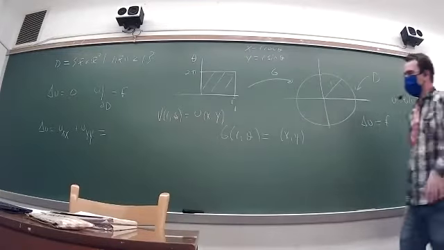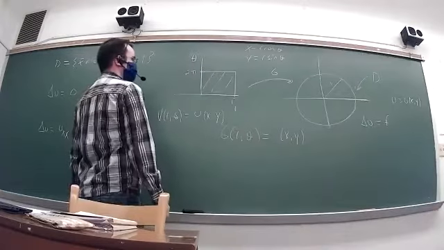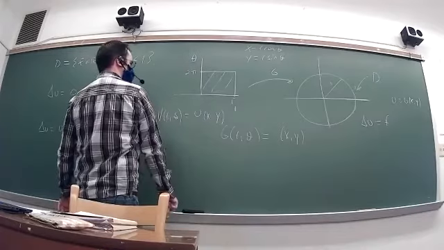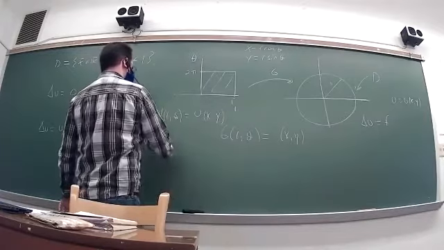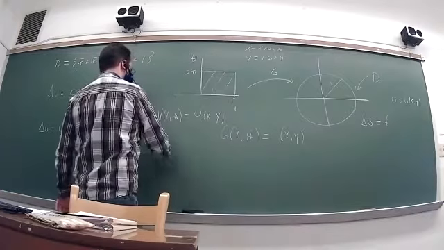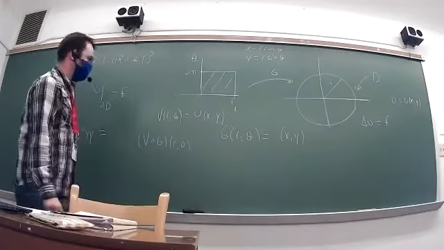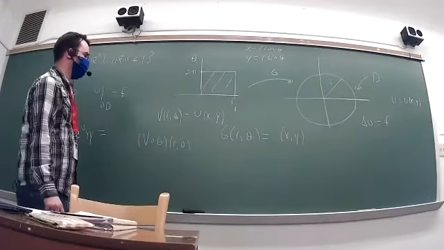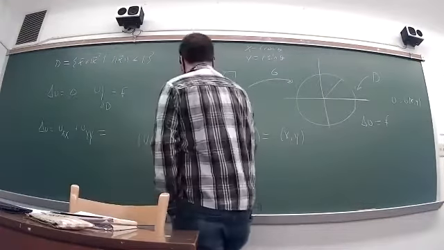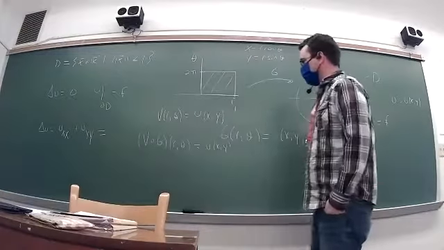But what you're really doing here is that if you take v composed with g of r, theta, then the output will be the same as u of xy.